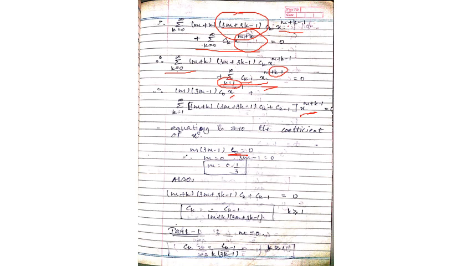Okay. Now m into 3m minus 1 into c0 equals to 0. But we can't write c0 equals to 0. Why? Because that is actually what we are going to find here. Okay. So c0 never will be 0. It means ultimately we can find the roots, and that is m. So m equals to 0 as well as 3m minus 1 equals to 0. So make m the subject.